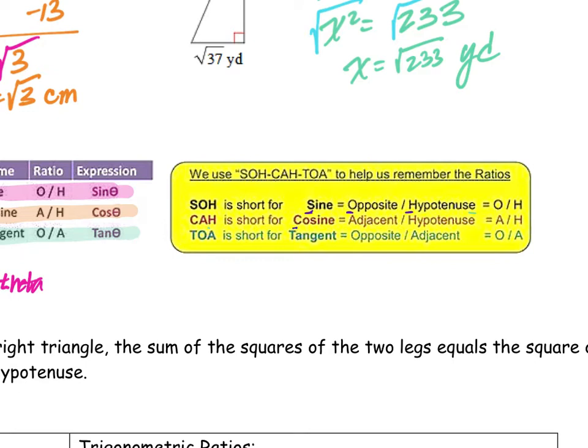CA is short for cosine, which is adjacent over hypotenuse. And TOA, tangent, is opposite over adjacent. It's just the beginning of each one. If you can remember SOHCAHTOA, it's a little way to help you remember the ratio functions. I hope that helped a little bit. Some of you probably have heard it before.